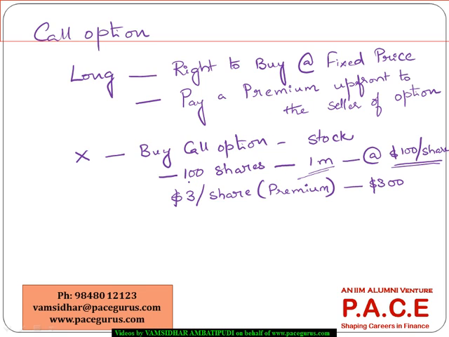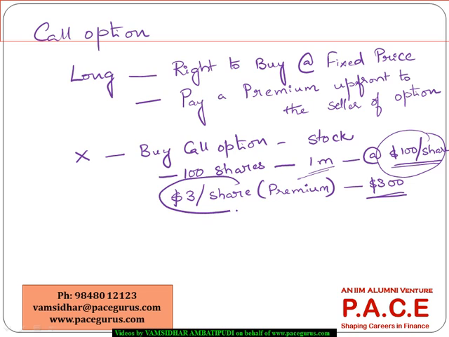If he wants, he can buy the share at $100 after 1 month, and if he doesn't want, he can just lose out his $300 and he can very well get out of the contract. That is what we are talking of as a part of the call option here.